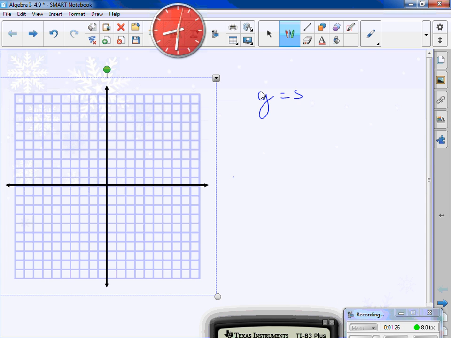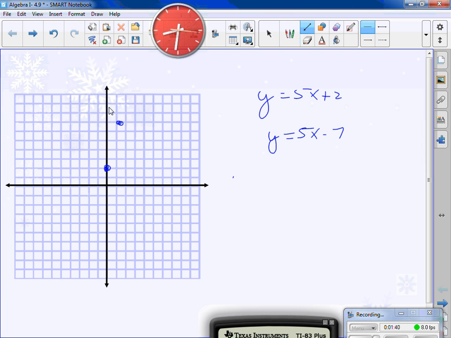If I have y equals 5x plus 2, and y equals 5x minus 7, the first one I start up 2. Now I go up 1, 2, 3, 4, 5 over 1. This one here I start down 7, and go up 5 over 1.